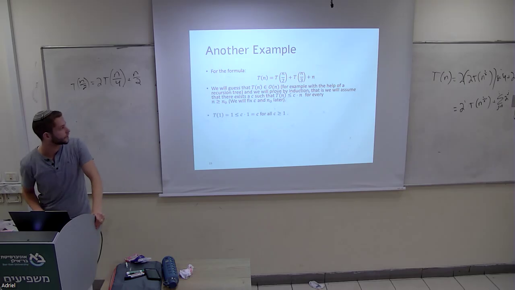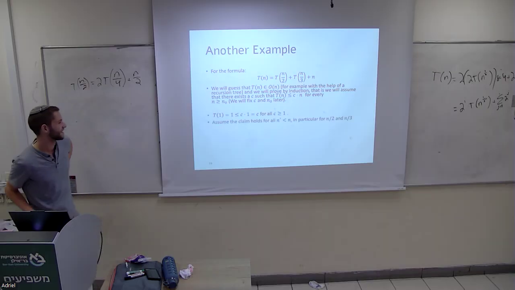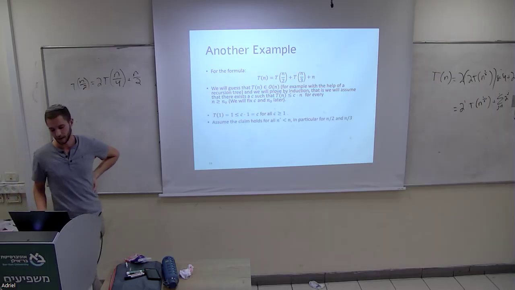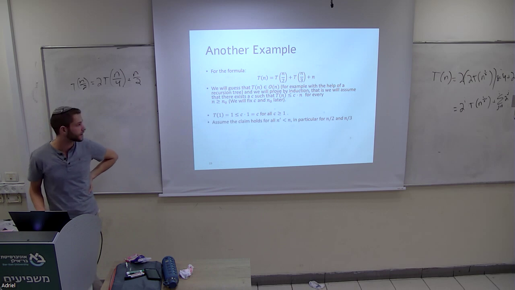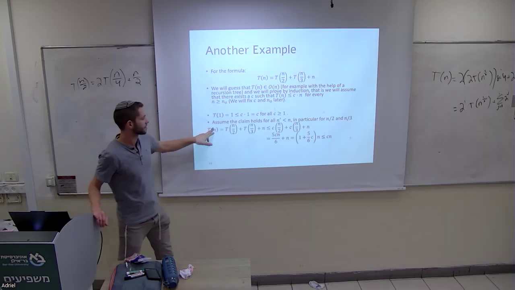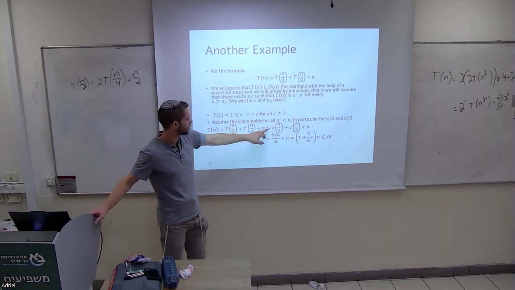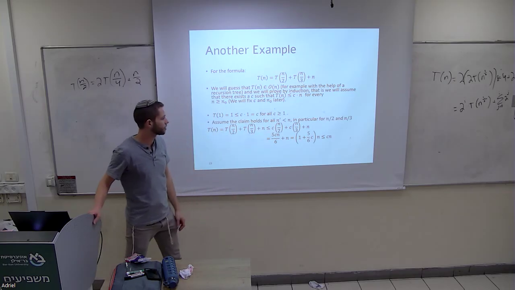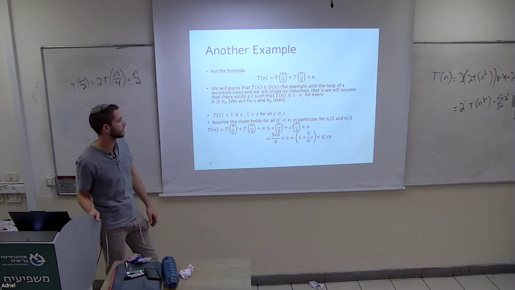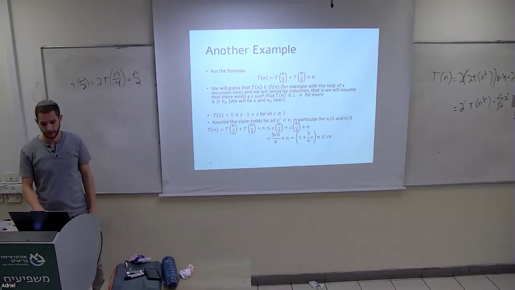Okay, so we're gonna do the same thing. We're gonna prove by induction. The base case. Assume the claim holds for all n smaller than n, in particular n divided by 2 and n divided by 3. So now we're just gonna substitute it once, and the same thing, use the induction hypothesis, smaller or equal to c times that same thing.